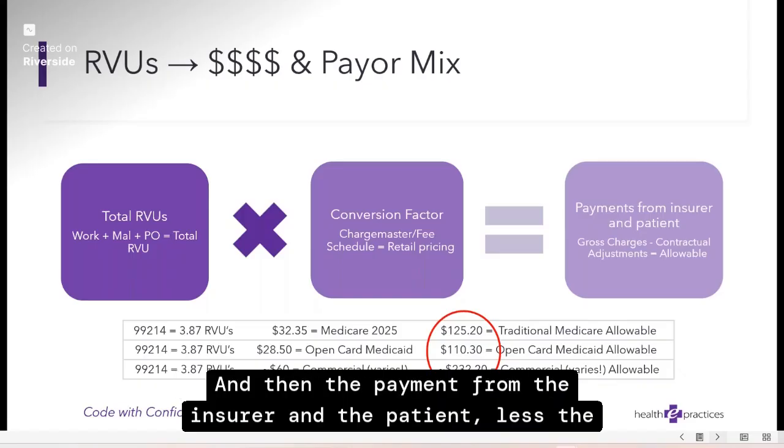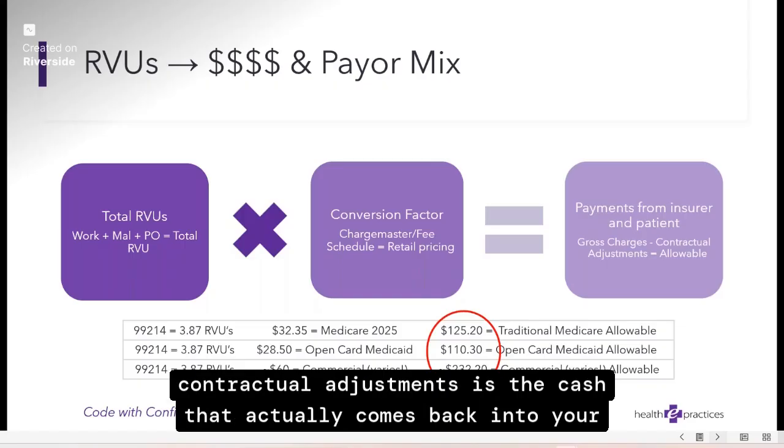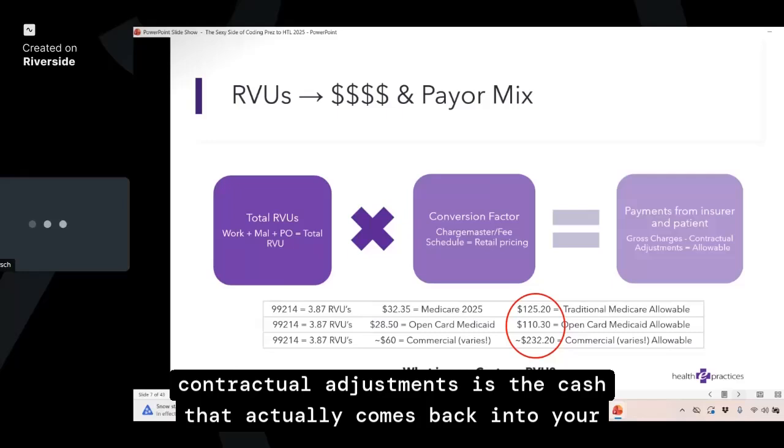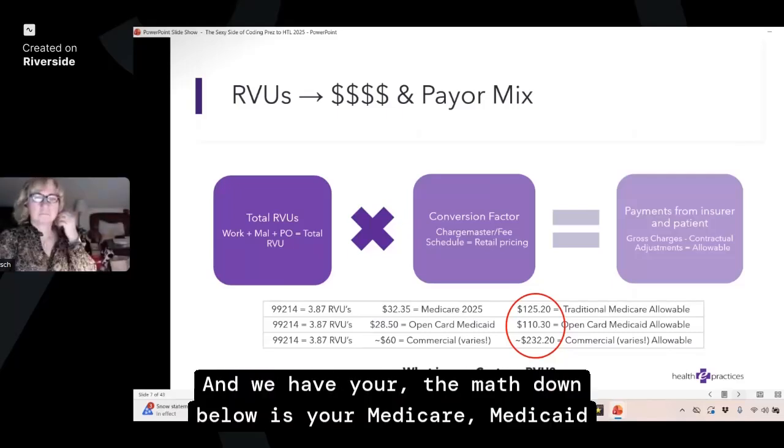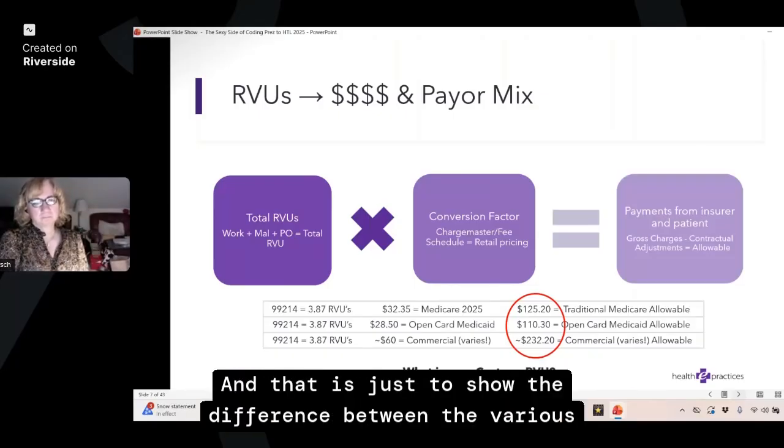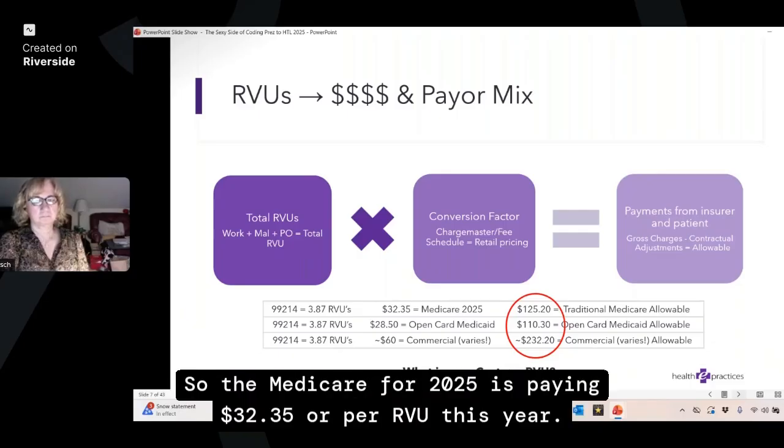And then the payment from the insurer and the patient, less the contractual adjustments, is the cash that actually comes back into your practice. And we have the math down below: your Medicare, Medicaid, and commercial rates. And that is just to show the difference between the various plans.